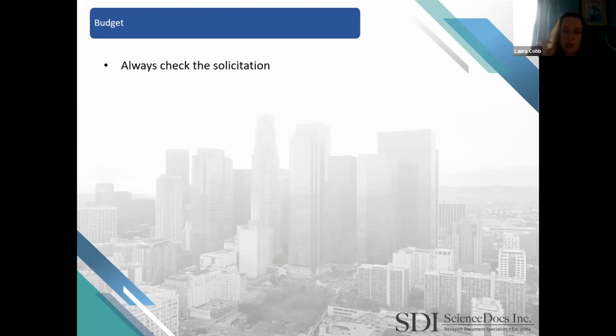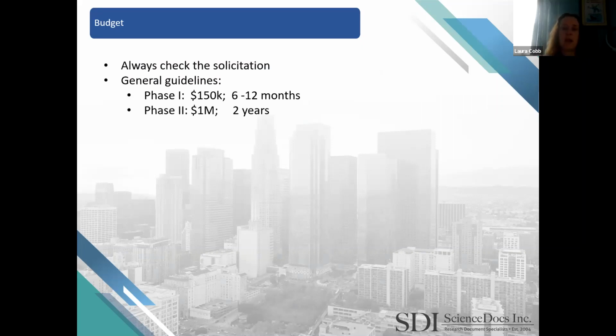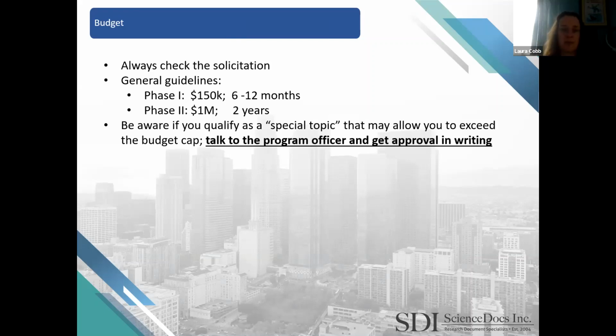So always check the solicitation for the current budgets. Very, very general guidelines: Phase 1 is around $150,000 for 6 to 12 months. Phase 2 is about $1 million for 2 years. These numbers may actually be slightly out of date now.